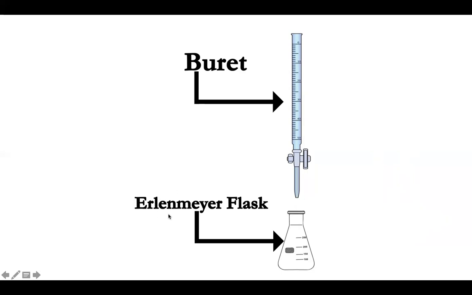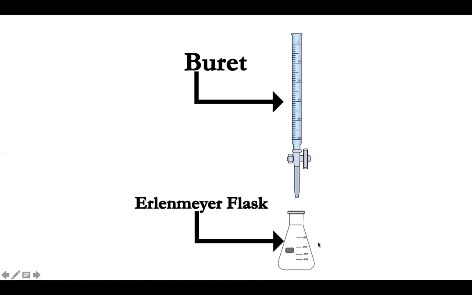Now, you're going to put your acid or base of known concentration into the burette. And because we know its concentration, we know exactly how much we are adding through the numbers displayed on the burette. And then we are going to put our unknown concentration acid or base into the Erlenmeyer flask below.